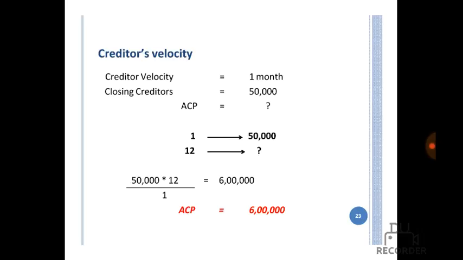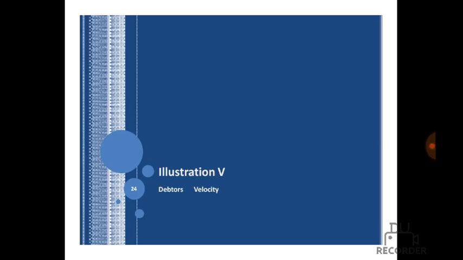How much money do we have to pay in 12 months? 50,000 into 12 by 1 is equal to 6 lakh, so for the year the annual credit purchases is 6 lakh. Illustration 5. Debtor velocity.